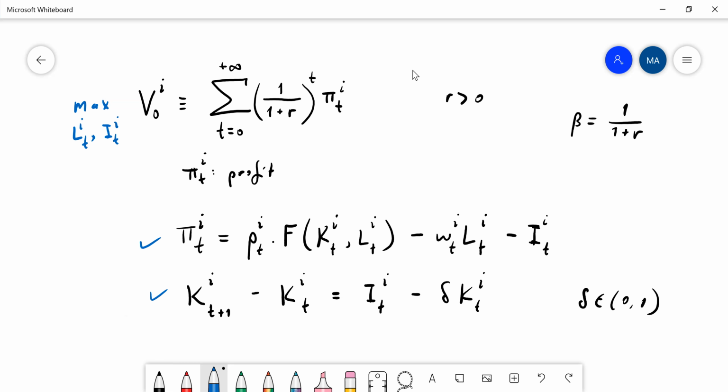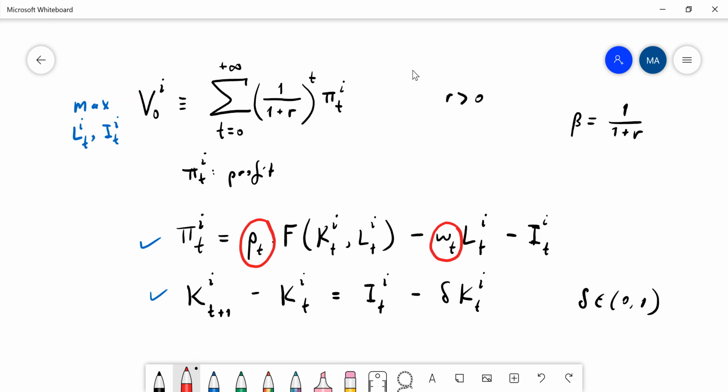And once again, the firm will be a price taker. By the way, these prices will be given to the firm.